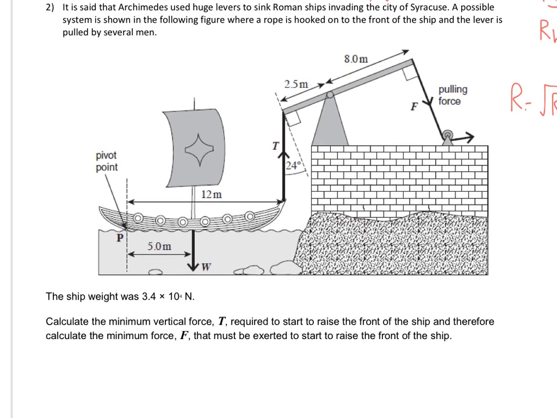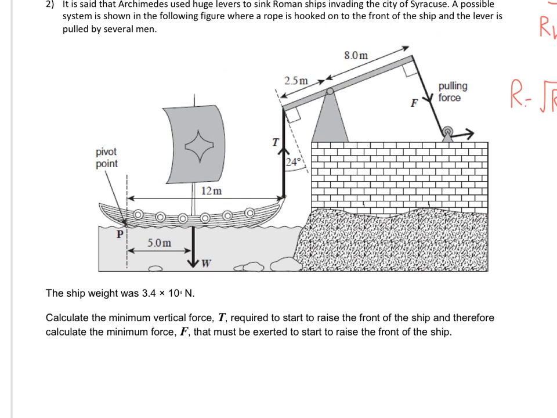Okay, so we've got a pulley which is being used to lift a ship. So let's deconstruct this problem a little bit. A force is being applied here, so a force is going to be applied that way, and it's going to cause this whole lever here to rotate about its pivot.